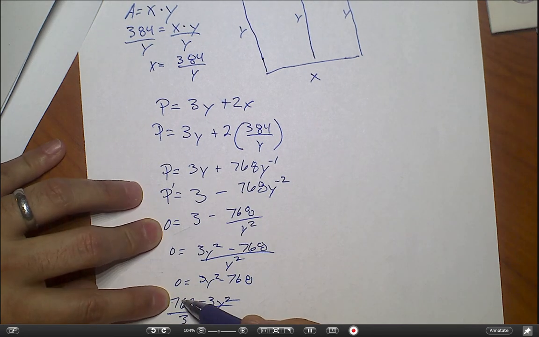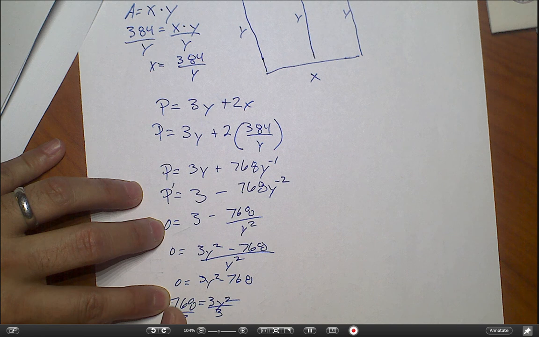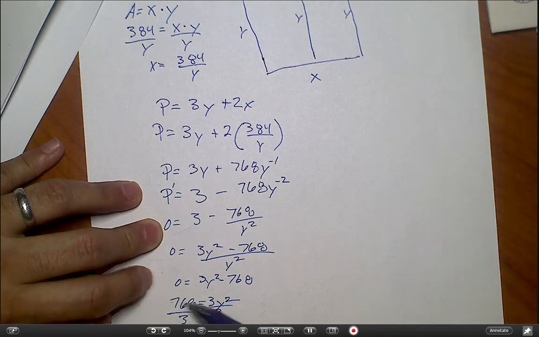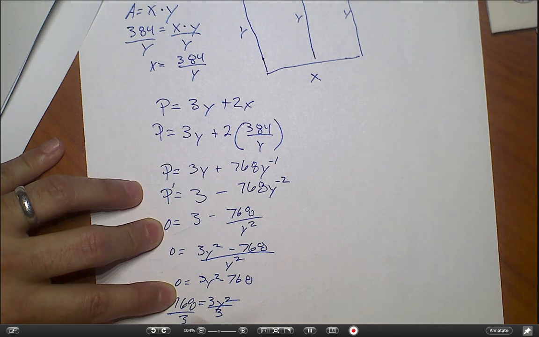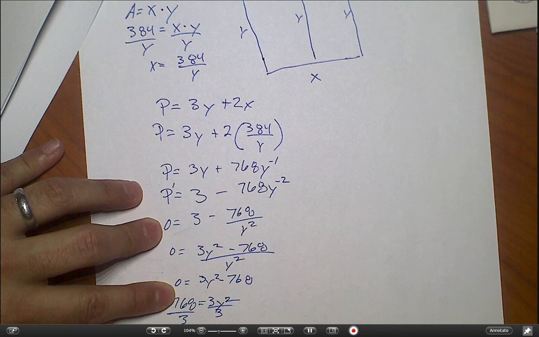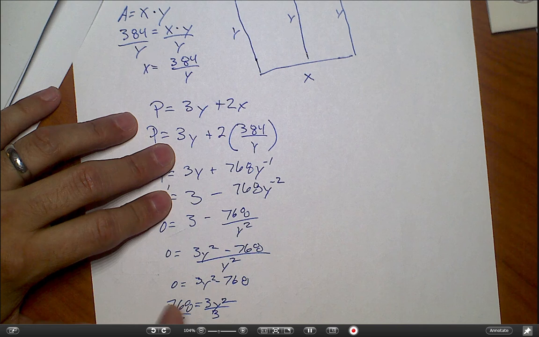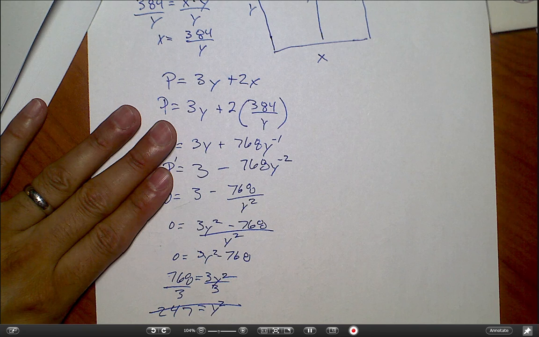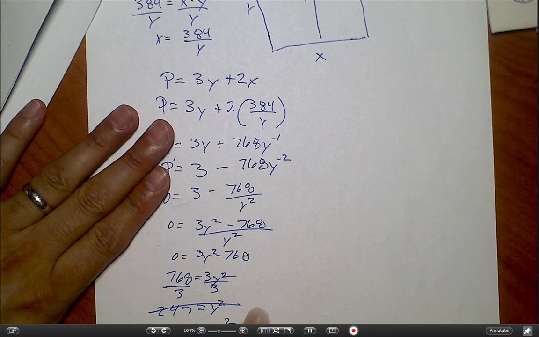Hold on. 2, carry the 1, that is 4, 4, 12, 2, 2, 8, 7. 247? Or no? I have no clue. 256. Ah, you're right. 256 is equal to y squared.